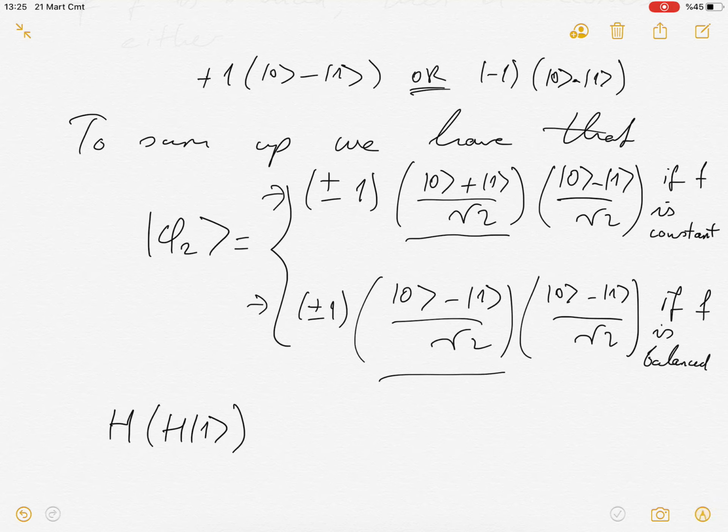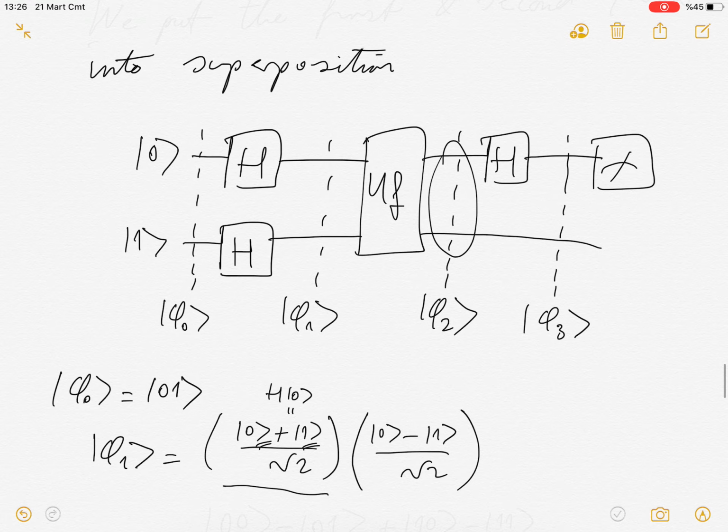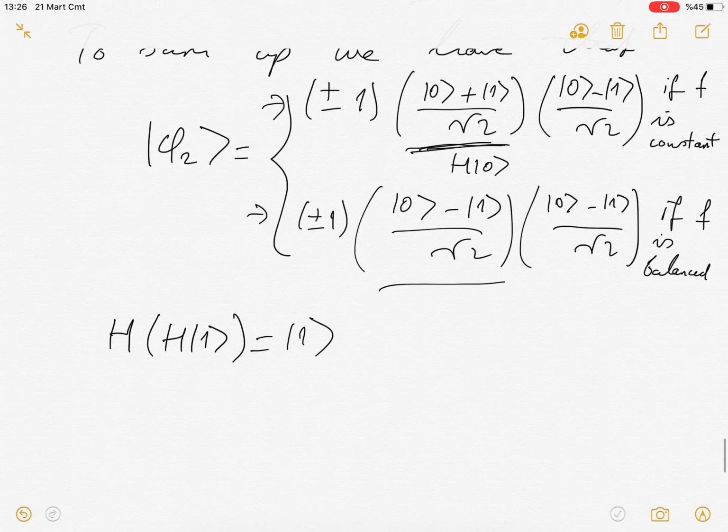That is, if we apply the Hadamard transform on H of 1, we get 1. And similarly, if we apply the Hadamard transform on H of 0, we get 0. So this is actually H of 0. If we apply the Hadamard gate here, on this superposition state, well, we get 0.